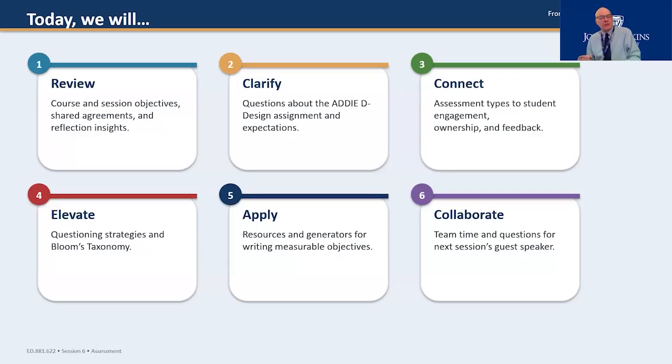So ADDIE is an abbreviation for each of those stages. In step 3, we connect the assessment types to student engagement, ownership, and feedback. And we want to, as I mentioned in the previous slide, elevate our students by the instruction that we design to the top of the pyramid, where they are truly creating their own projects for deeper learning outcomes.